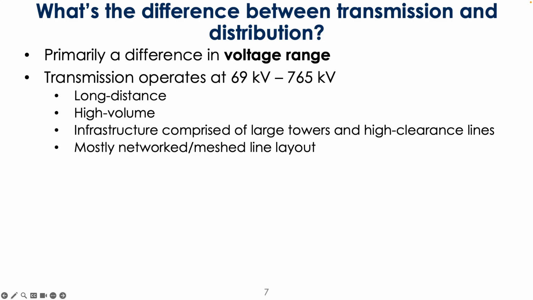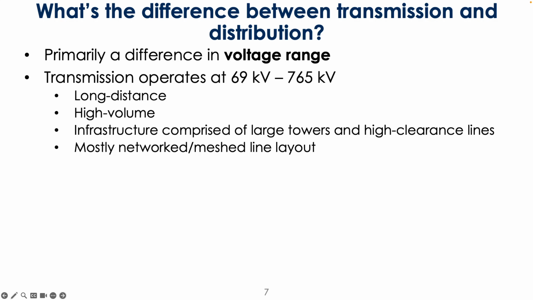Our wall outlets, what is the voltage of a wall outlet? Yeah, 110 volts. And so transmission is 60,000-ish times higher than that, so that pressure difference is very, very large.